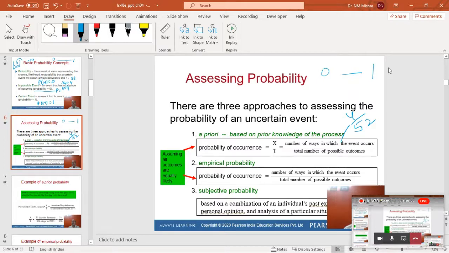And I have explained the different types of probability in the PowerPoint: prior probability, empirical probability, and subjective probability. If you are calculating the probability based on prior knowledge, it is a prior probability.